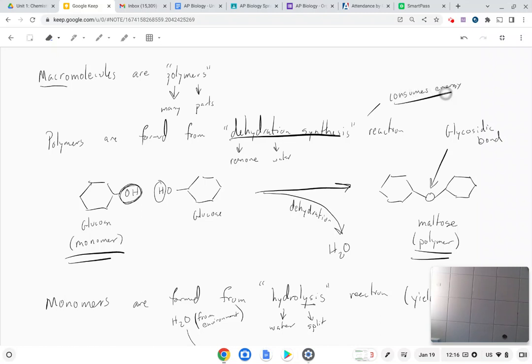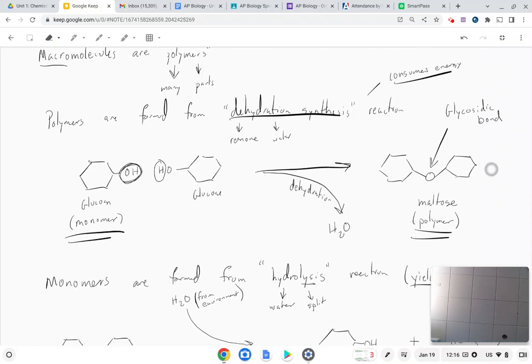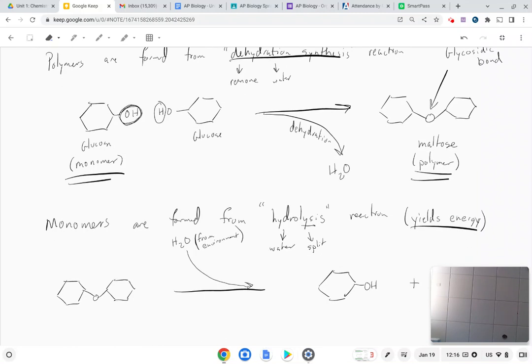So don't worry too much about that, but we will talk about the energy when we get to Unit 3. But right now, that's all you need to know about that.